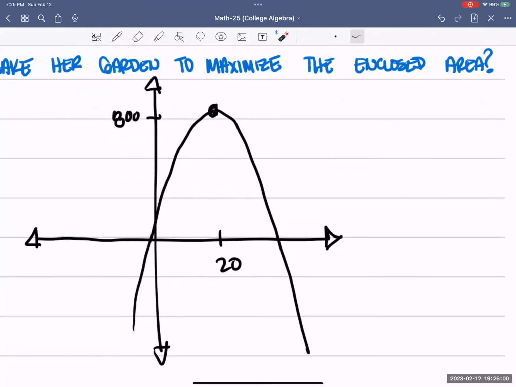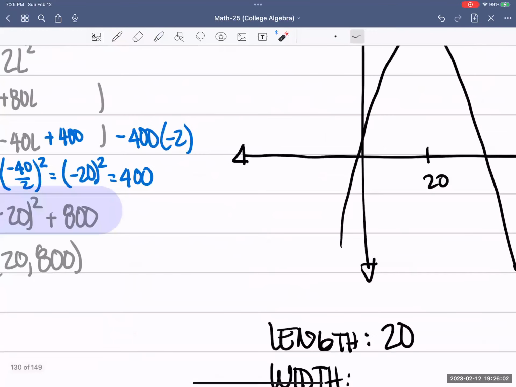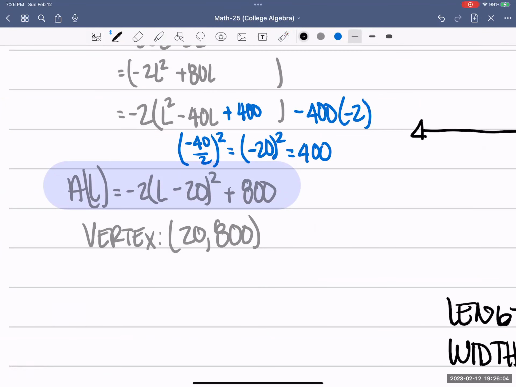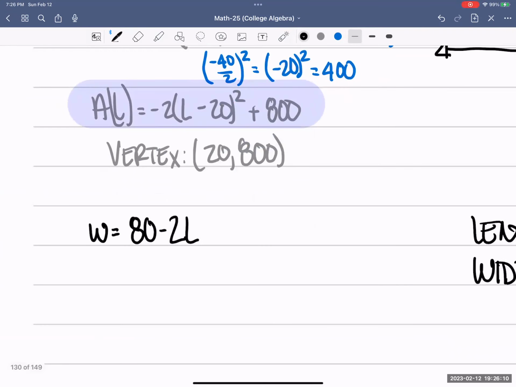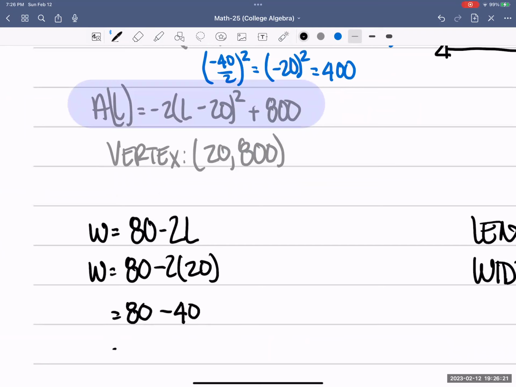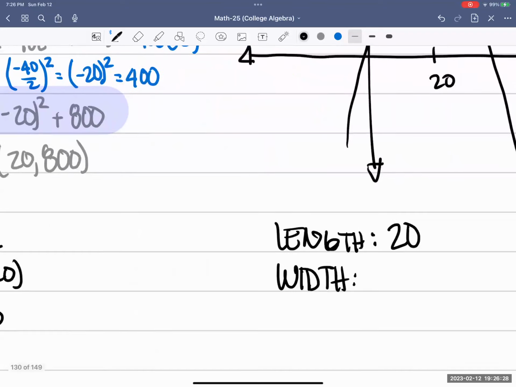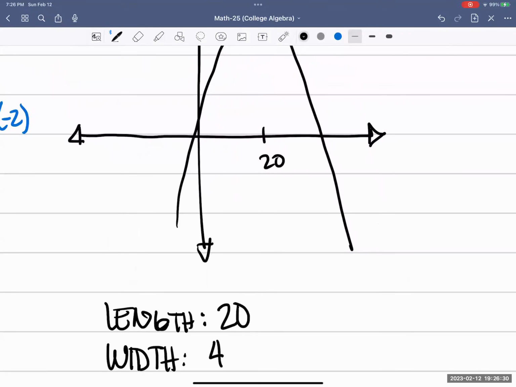Width is equal to 80 minus 2L. Length in this case is 20. So 80 minus 2 times 20, so 80 minus 40, which is 40. So we have length 20, width 40.